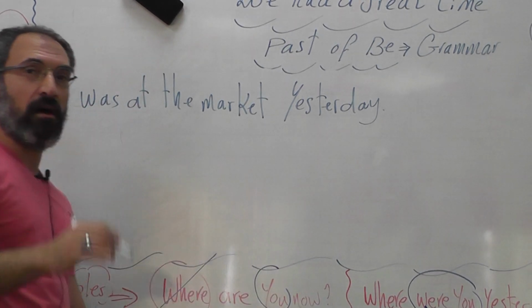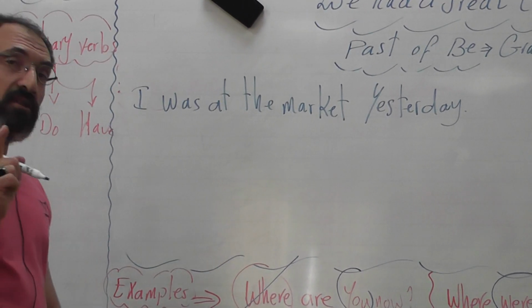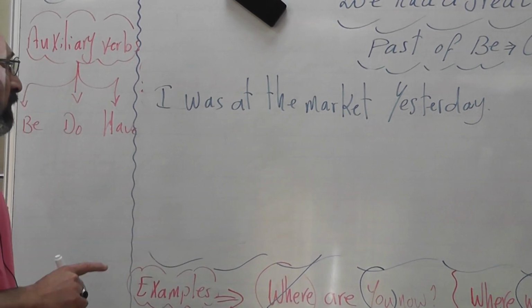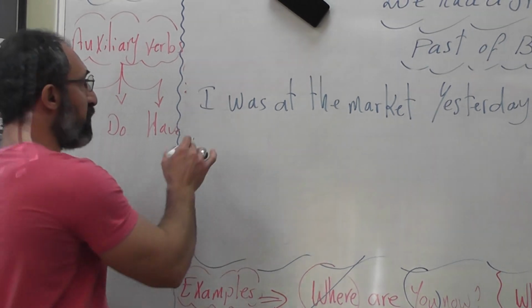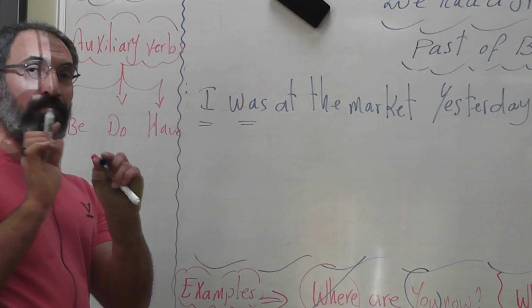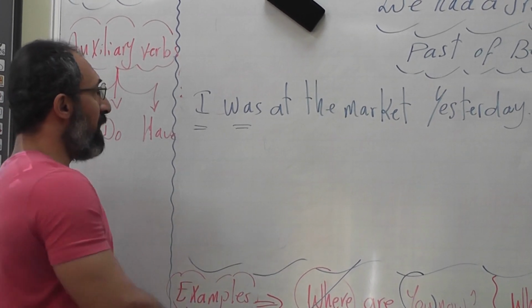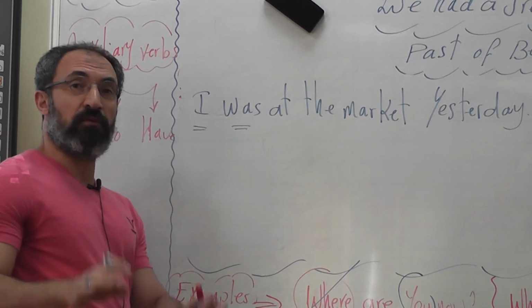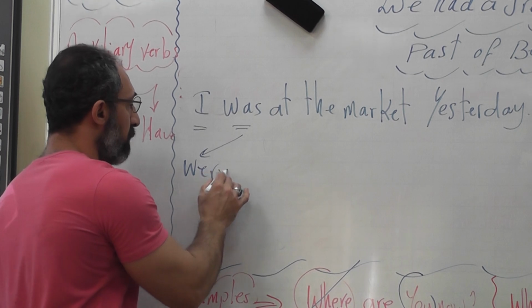Okay, again, I will remind you that we need to make a yes-no question. First of all, we have to look at two main things, the subject and the helping verb, which is be. I mean, here it's was. So when I have I and was, we have to change was to were.